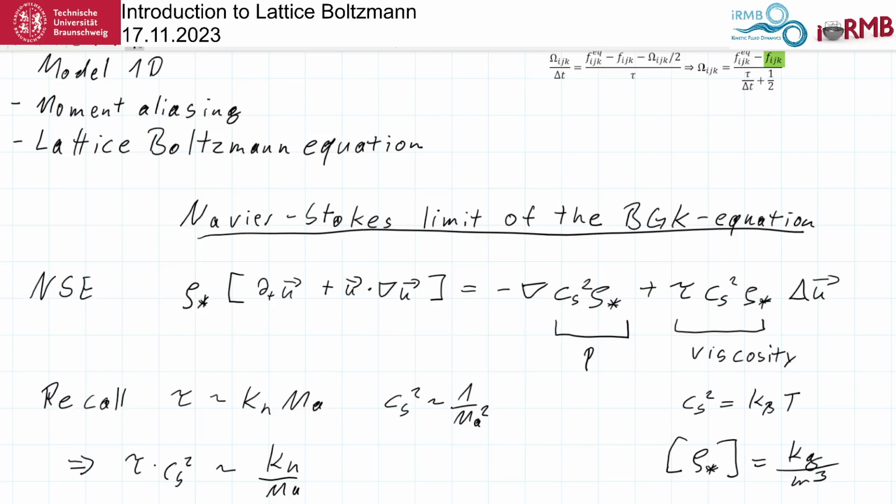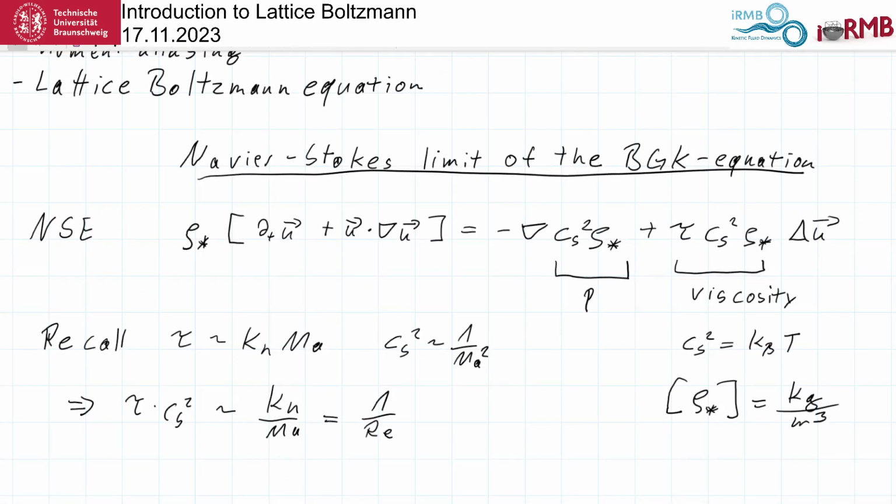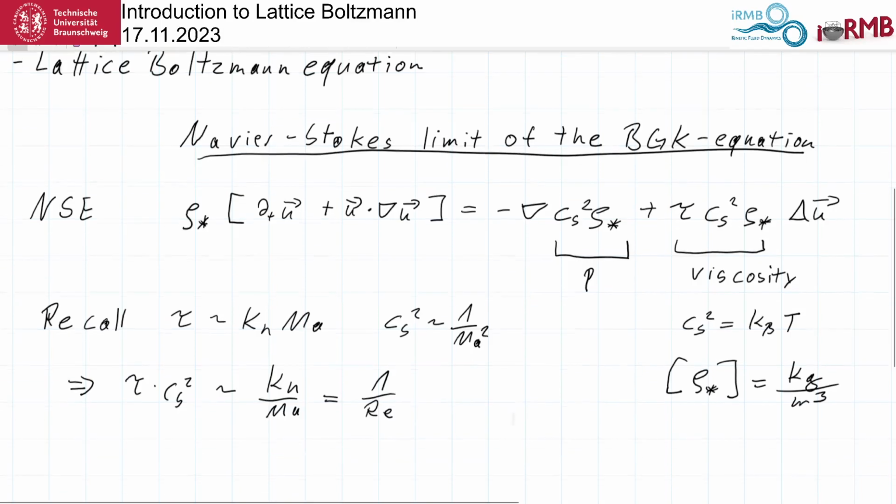This we define as a new number that you've probably heard about: this is 1 over the Reynolds number. For these dimensionless numbers, it is of course always arbitrary how you define them, or inverse or the other way around, and this turns out to be this way around. So this is the Reynolds number.